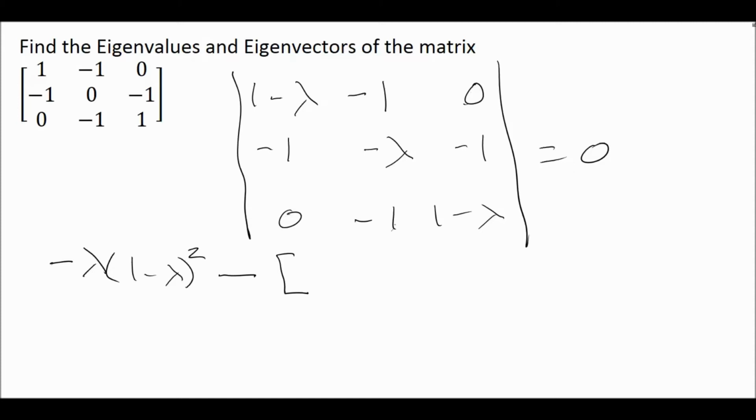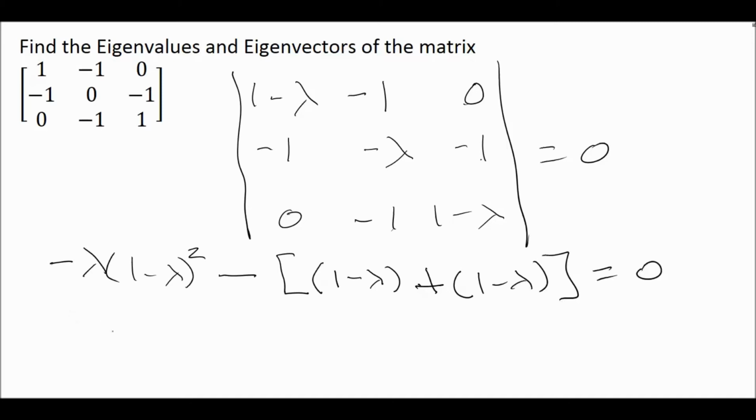Then we have minus 1 times (1 minus lambda), that gives us 1 minus lambda. And then we take 1 minus lambda times minus 1 times minus 1, so we actually have another term that is equal to 1 minus lambda. So we set that equal to 0.